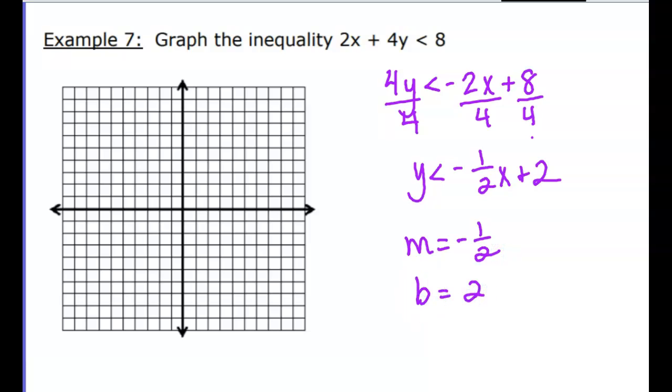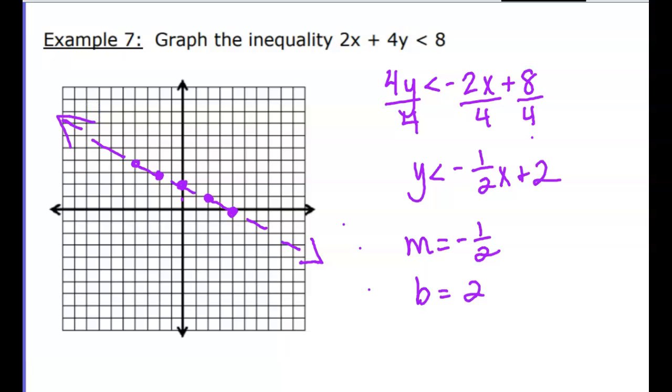So we start at our y-intercept of 2, and our slope is -1/2, so we go down 1, right 2, or up 1, left 2. Because it's less than, we're going to make a dashed line. Okay, we made the dashed line there.